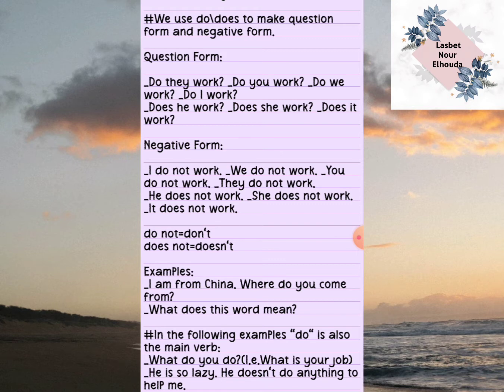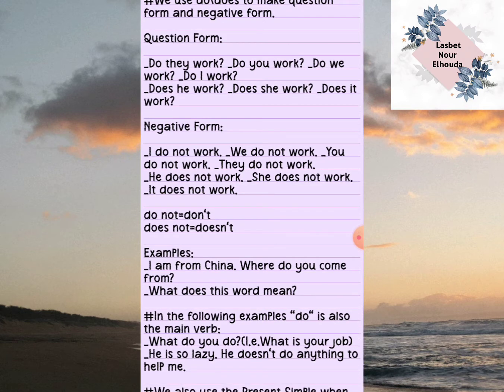It does not work. We can say do not, and the other way we say don't. It is the same, but we can use the two, do not or don't. Does not, doesn't.